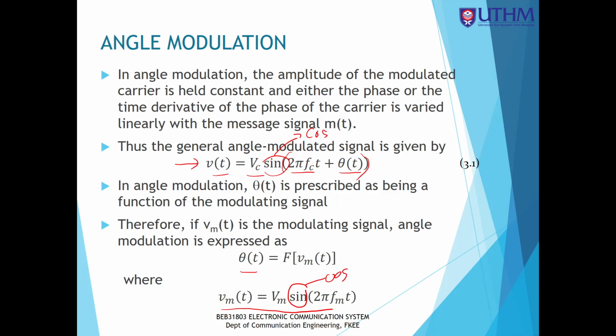And another thing is a careless mistake by the students, they tend to do like this: Vc(t) is equal to Vc sine 2 pi Fc t plus theta t.